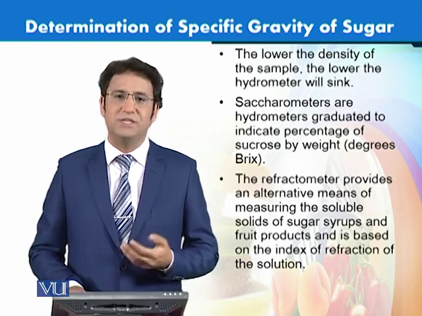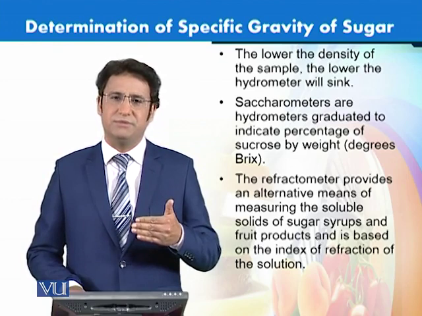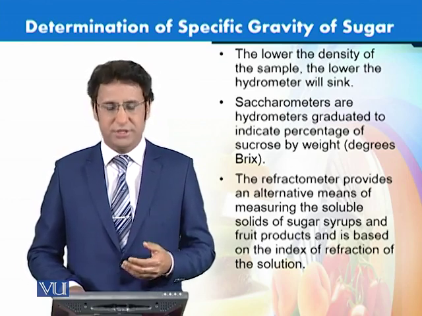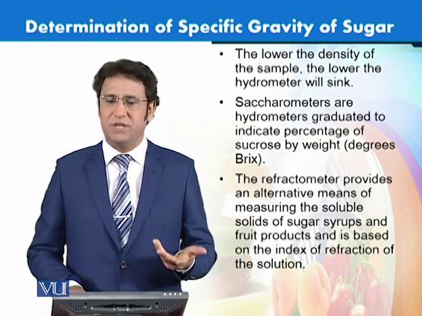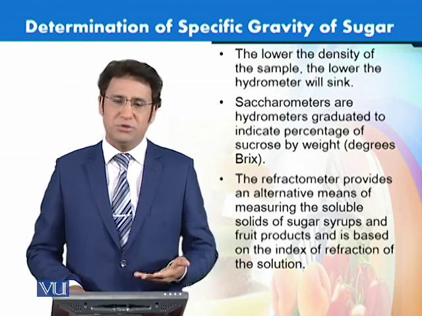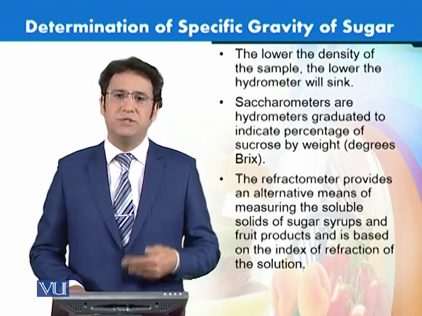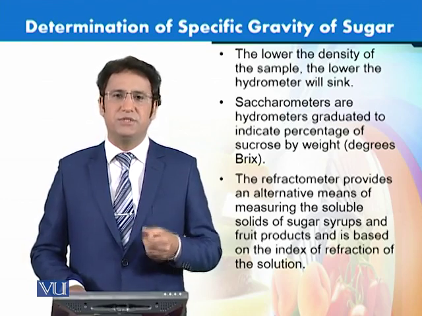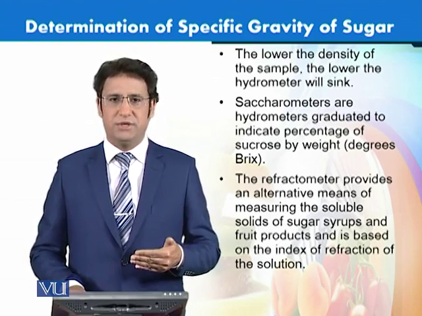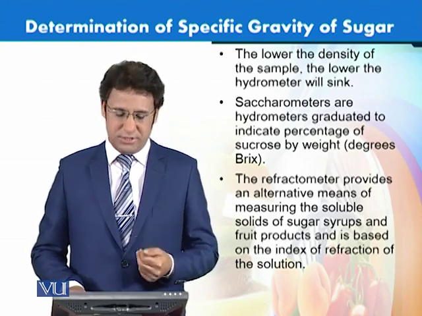It is particularly utilized for measuring the sucrose content in different fruit products, especially liquid fruit products, juices or soft drinks. This is a specially graduated hydrometer. It gives you the percentage of sugar within these food liquids, and this is expressed in terms of Brix.